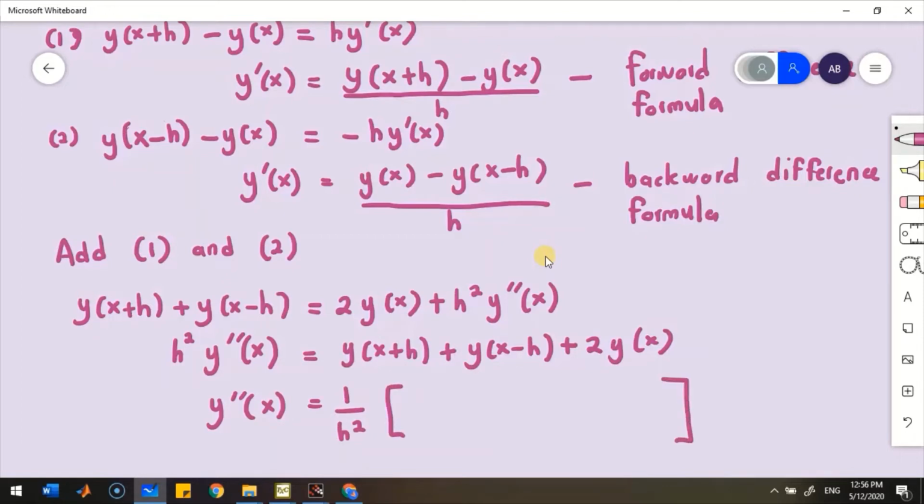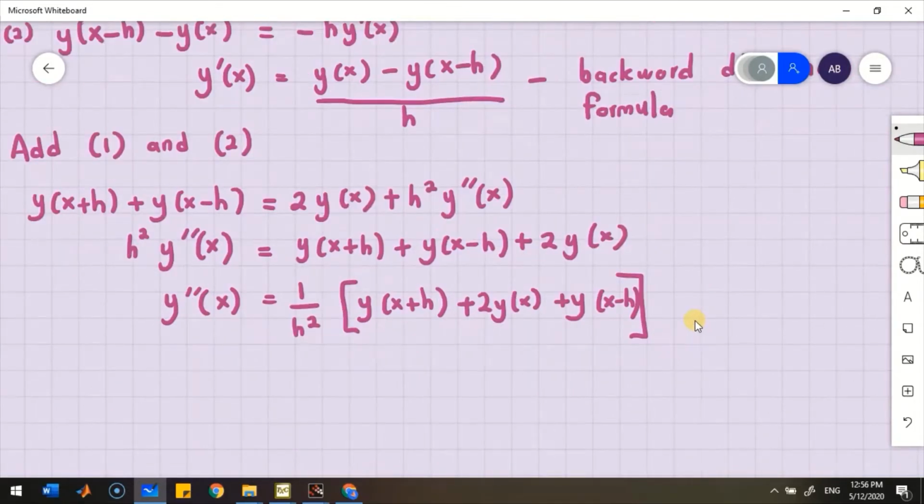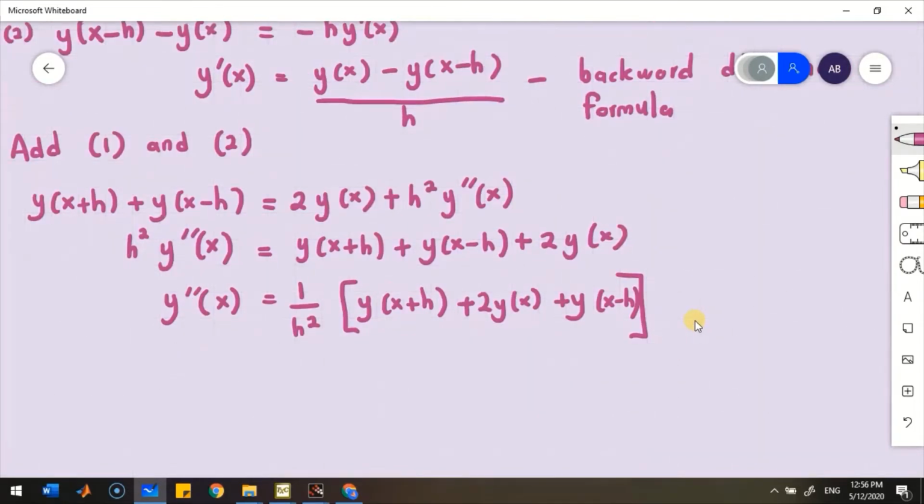Now I can write this as 1 over h squared times y(x+h) - 2y(x) + y(x-h). We have the central difference approximation.